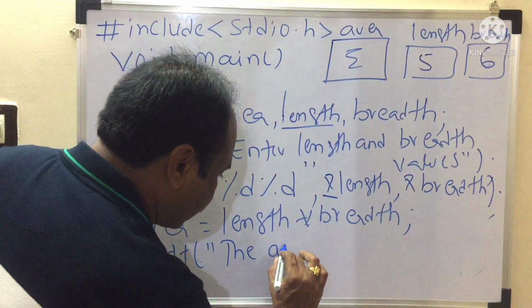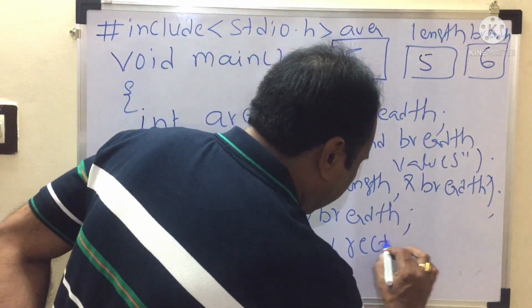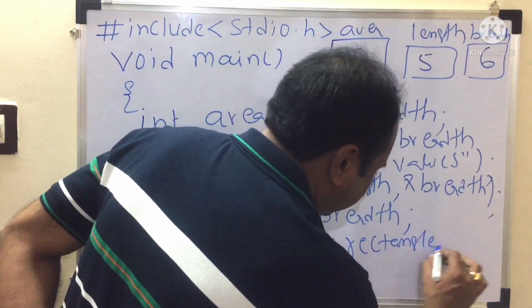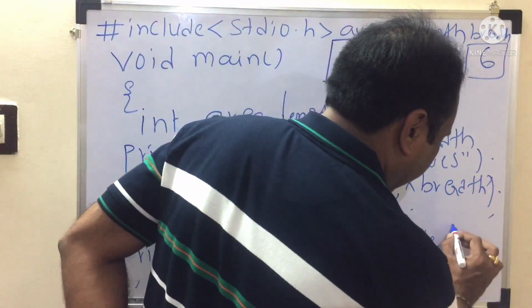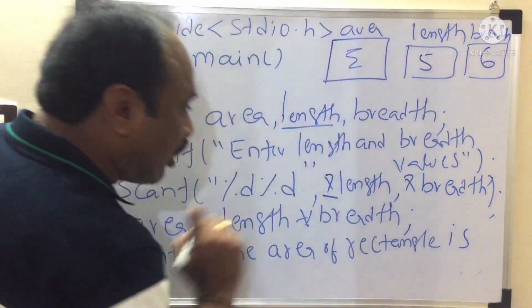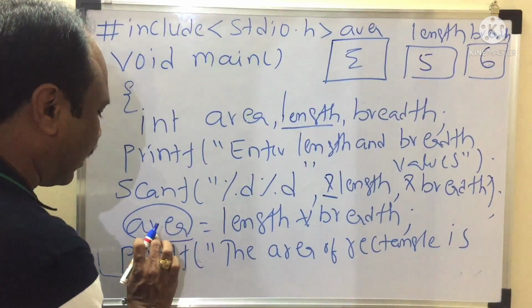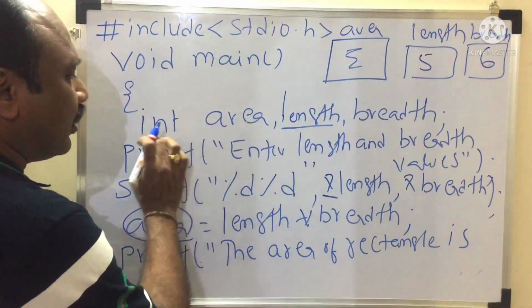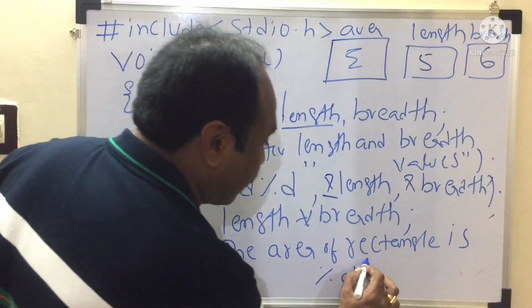Sorry, not circle, the area of rectangle is, whatever you are evaluating. Now I have to print the value. Where is the value? Under the name area. Area is int type, so use %d, comma. Where is it?